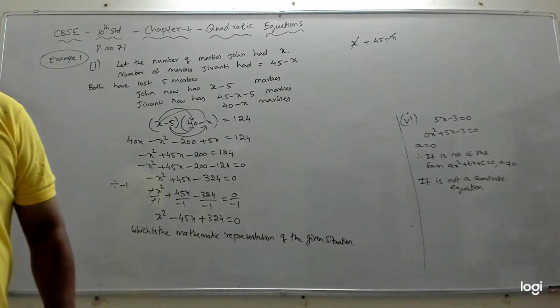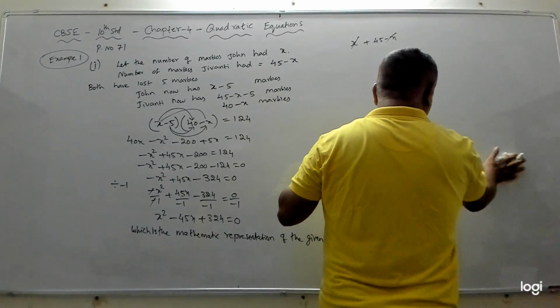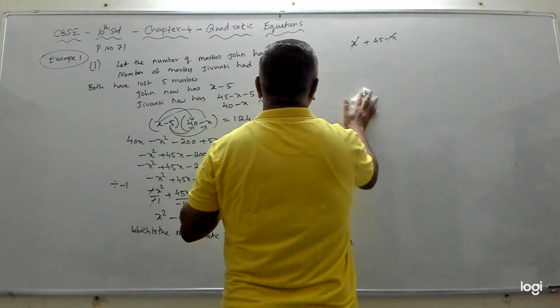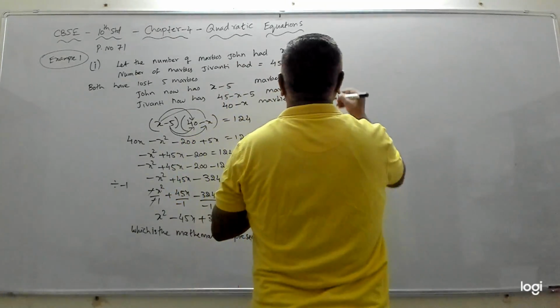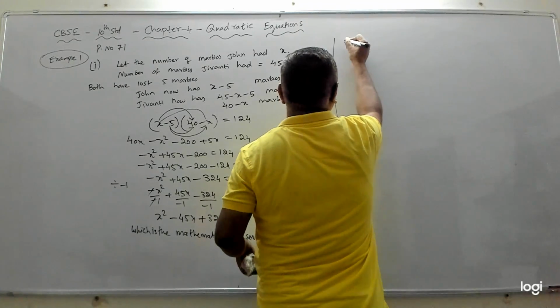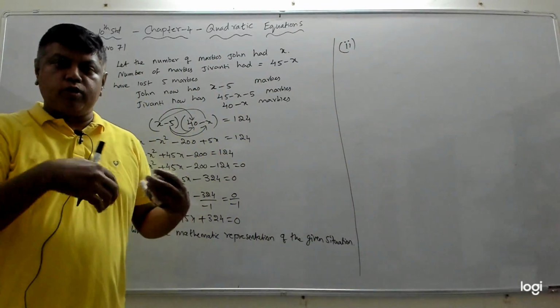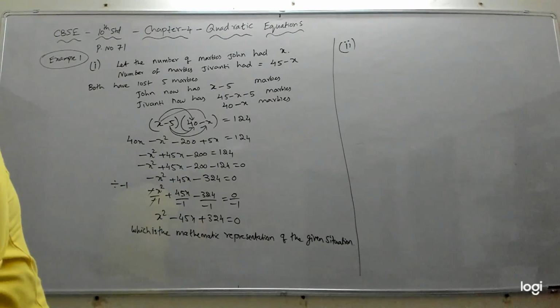Right, now we will do the second part of this question. In the same example 1, we have the next question. That also we have to represent in mathematical form.